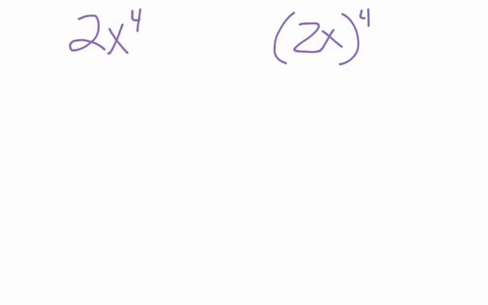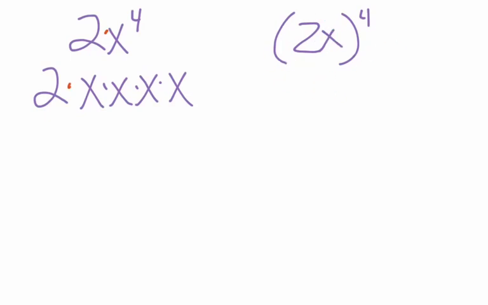So that's 2 times x to the 4th, which when you expanded it would be 2, and then you'd have the x 4 times. And you notice I threw out a little vocabulary word there, the word expand. And that's what you're doing when you stretch your exponents out. And so in that one, it's only the x that's being raised.